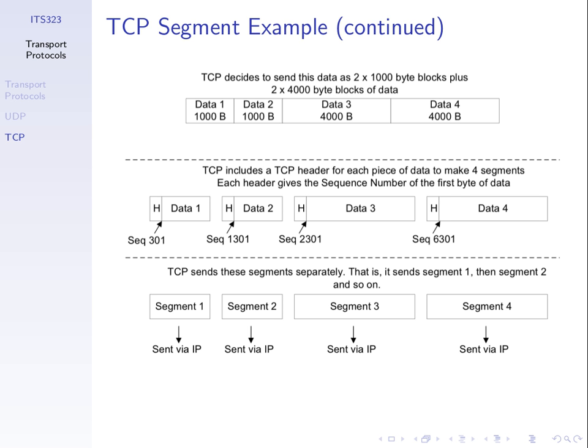So that's different from what we've seen in our previous examples of flow and error control. But that's how TCP works. This is an example where TCP chose to take that 10,000 bytes and send it as 4 segments.